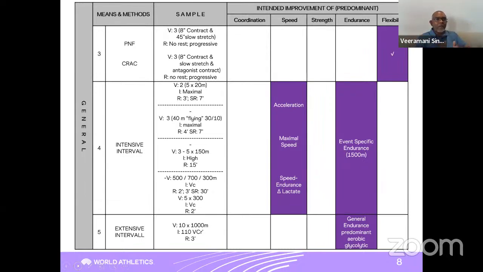So I lie down with my legs up in the air, somebody's holding the legs. And while the person is resisting the leg on top, that individual will try to push his leg downwards using the hamstring and probably even the glute muscles. When you do that, what happens to the muscle? It will generally, from a tight position, stretch itself and open up.